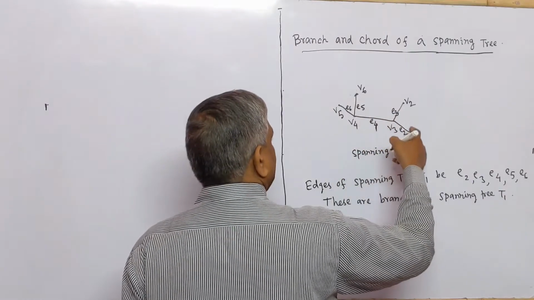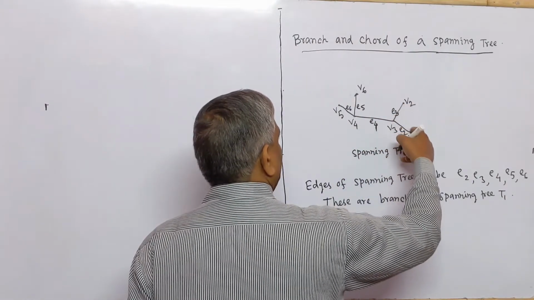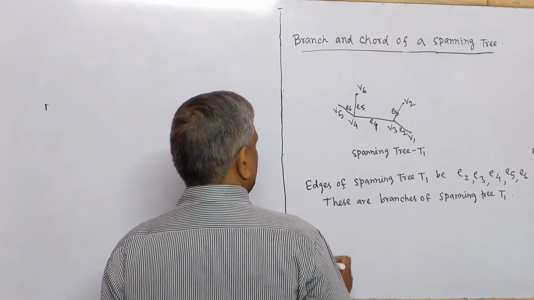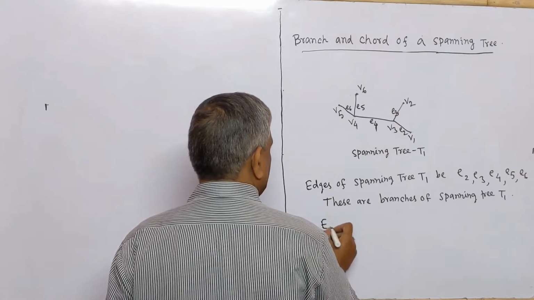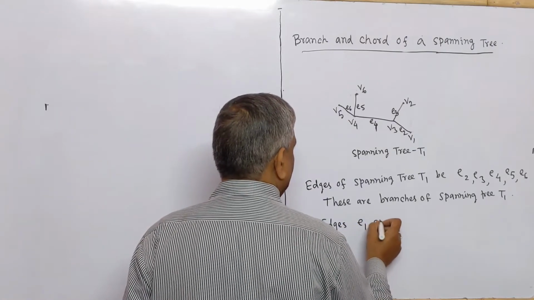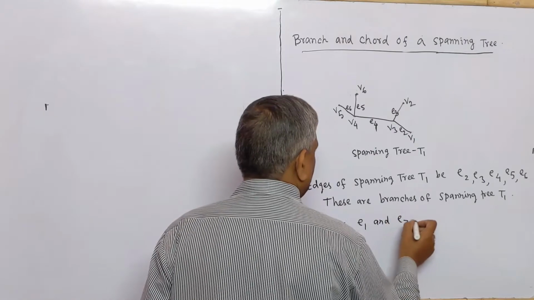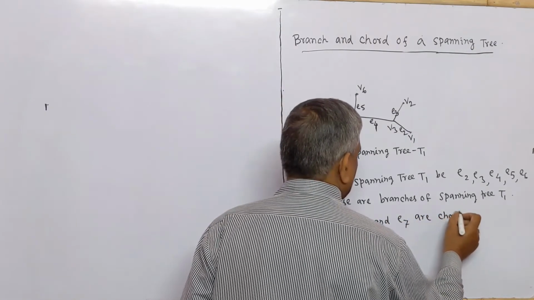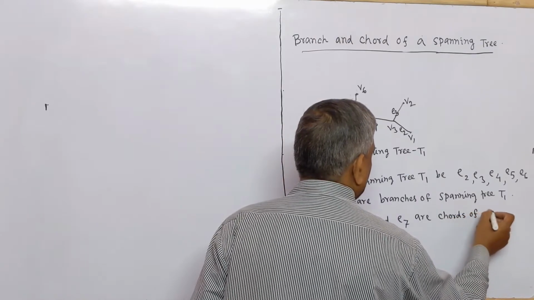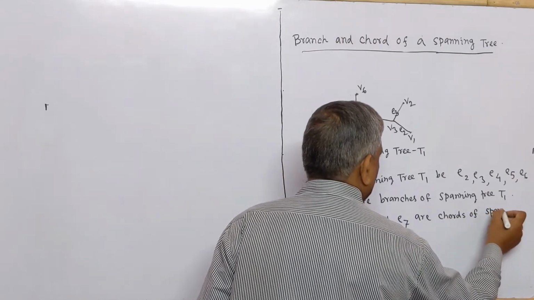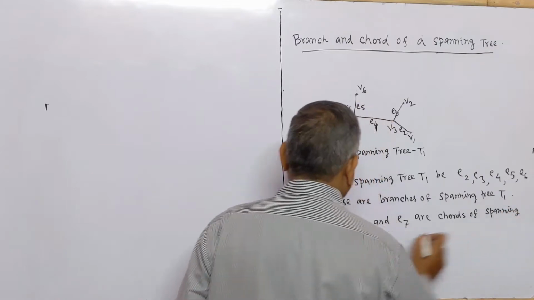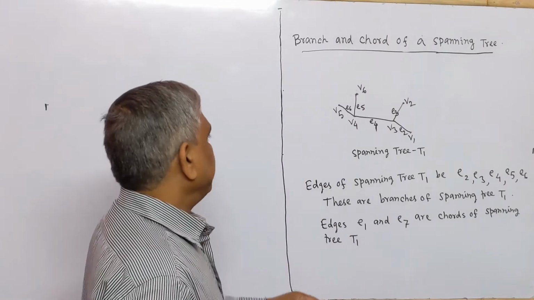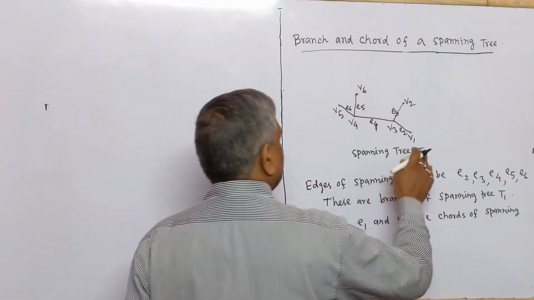We have deleted the edge E1 and edge E7, and edges E1 and E7 are chords of spanning tree T1.